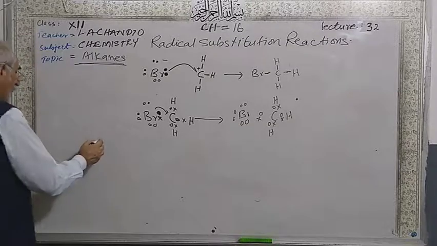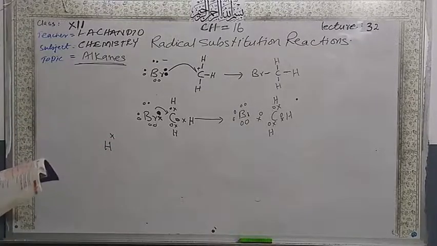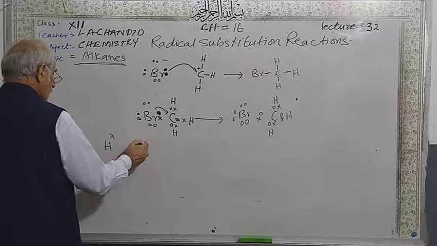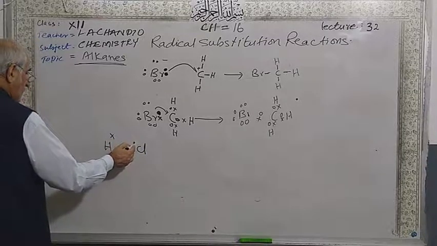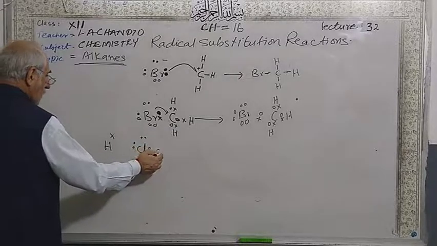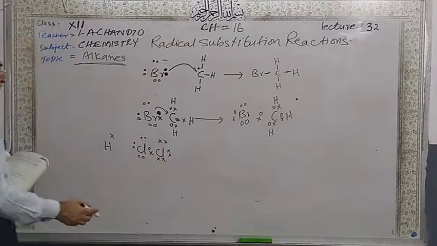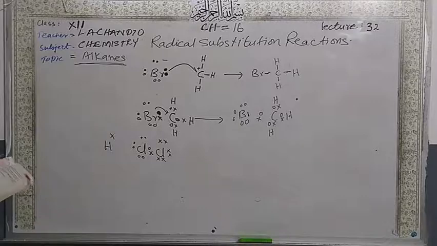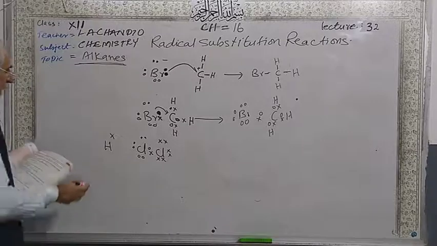Same case: there is a hydrogen which has only one electron, and there is a bond between chlorine and chlorine. This is again the bonded electron. When the bonded electron moves, you will also find a curved arrow.